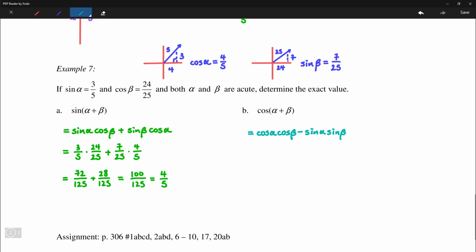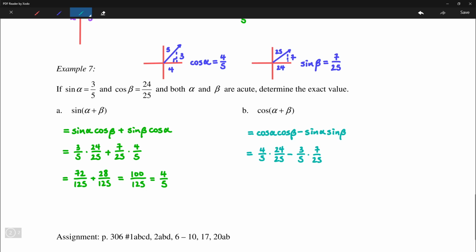So here we're going to have cosine alpha, which is 4 over 5. And then cosine beta, which is 24 over 25. And then minus sine alpha, which is 3 over 5. And then sine beta, which is 7 over 25.